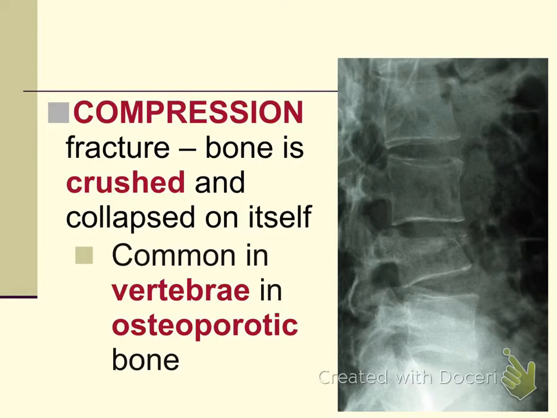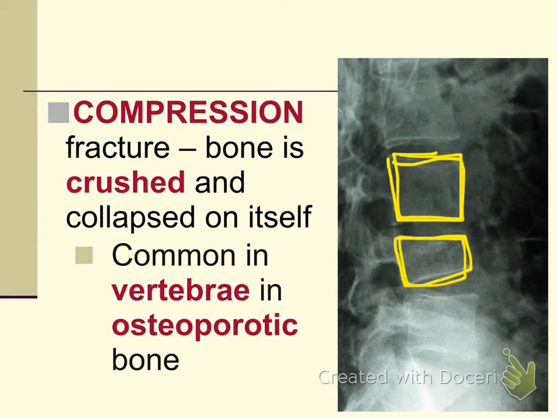So you notice here, you are looking at the lumbar vertebrae, and this portion is called the body of the vertebrae, and notice how tall it is. And then when you look at this one here and compare that, it is much, much shorter because the bone here has been just crushed inward. It has collapsed on top of each other.